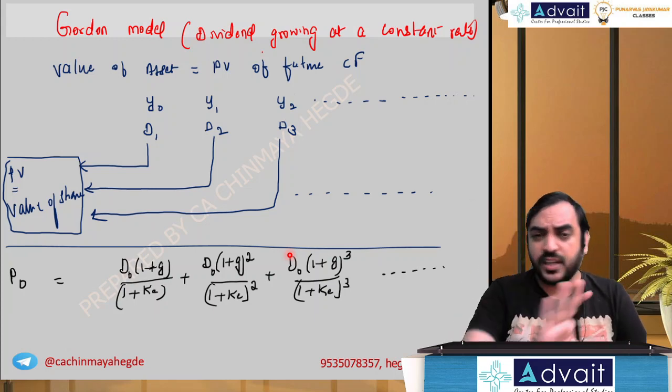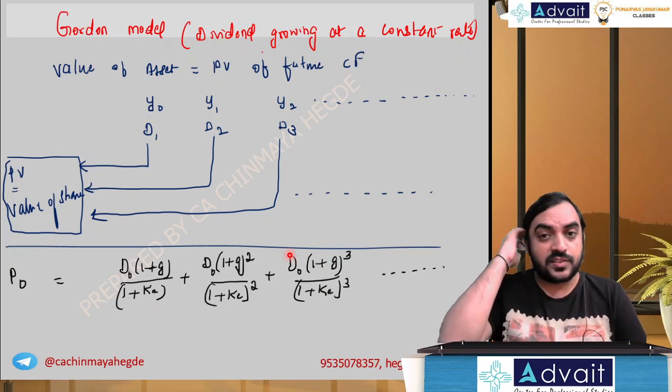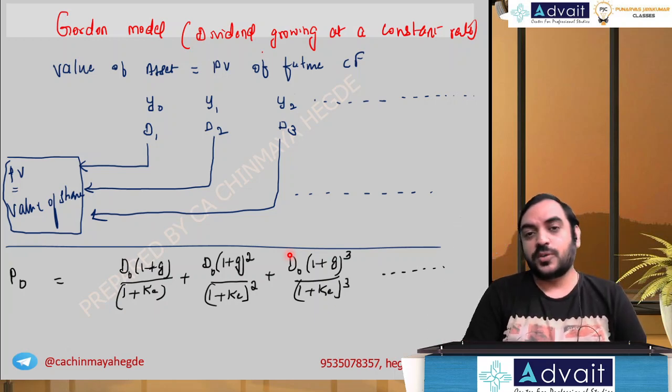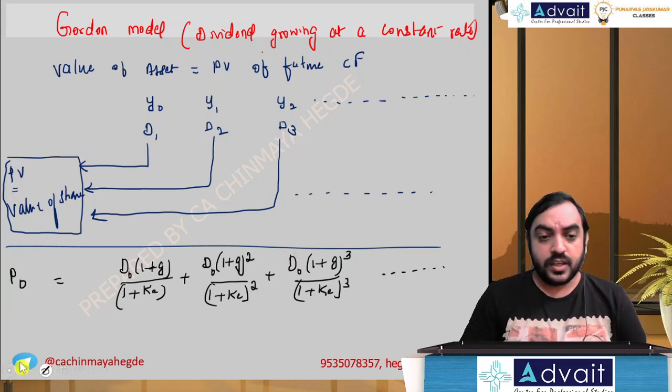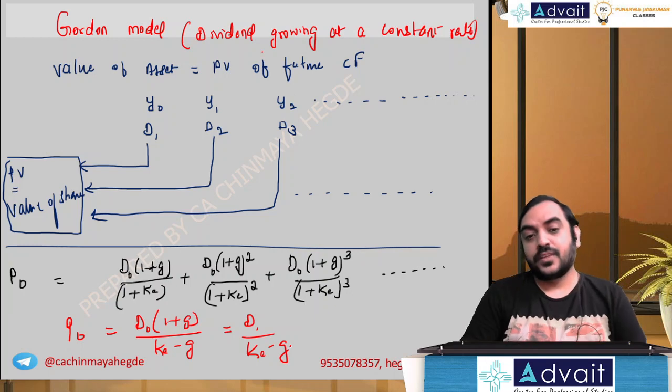You don't need to worry about it, I'm not going to show that, but if you're interested in mathematics, you can go and check it out. Summing the geometric series up to infinite terms and simplifying, you get the formula P0 equals D0 into (1 plus g) by (k minus g), or you can write it as D1 by (Ke minus g).